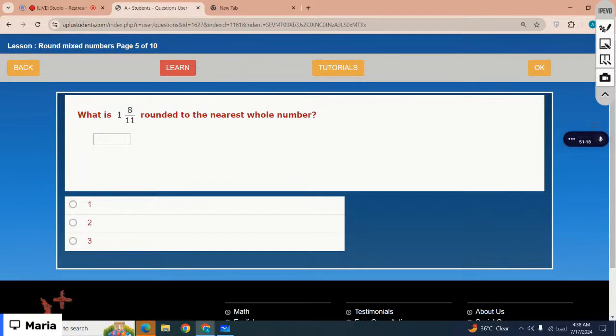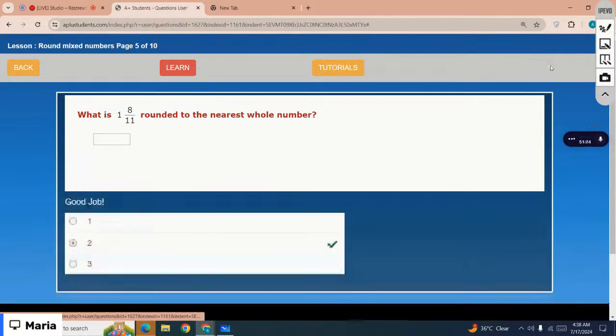Yes, that is it. 8 over 11 is greater than half, so it would be rounded off to 2. The correct option is 2.